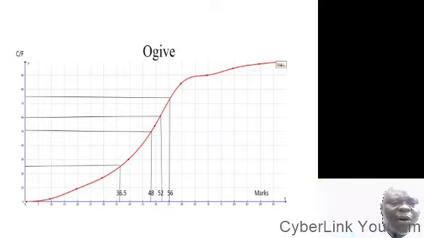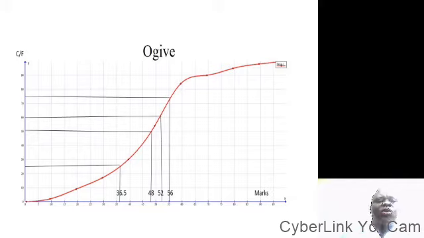Draw it from that 25th up to the line, then take it down to the horizontal. You see that we are going to have 36.5. That is our Q1. Take a look at your graph very well and see what I'm saying.